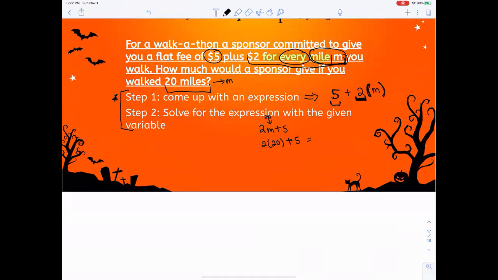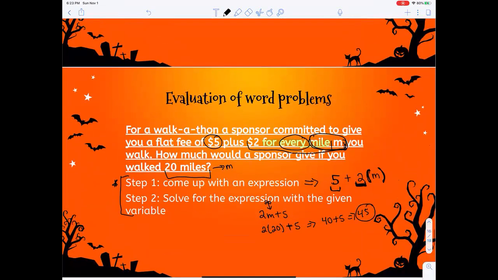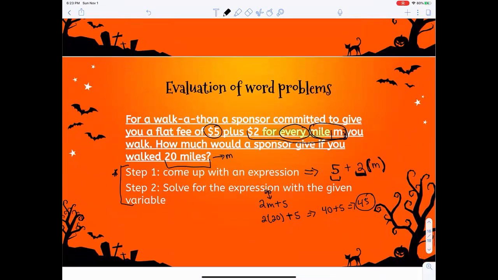And that gives me 2 times 20 is 40, plus the $5 he's guaranteeing to give me is 45. And this is how I solve for how much my sponsor will give me if I were to have walked 20 miles. Okay. We'll practice more in class, okay?